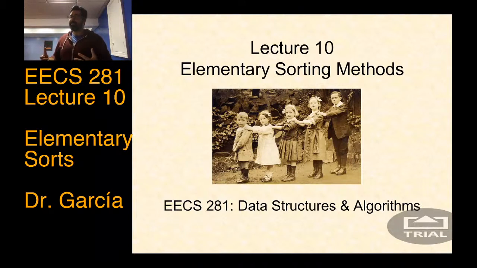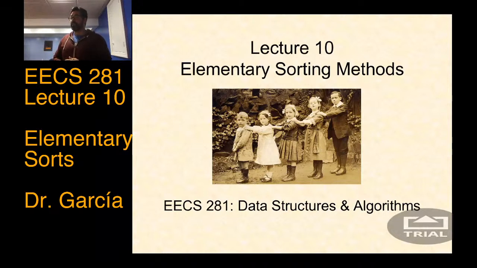Oftentimes, we don't have to implement sorting algorithms from scratch because every library has its own sorting algorithms. In fact, in your projects, you're just going to be using STL sort for the most part. But it is important to understand sorting because it comes up almost everywhere in industry, and you're going to end up having to sort some sort of information.